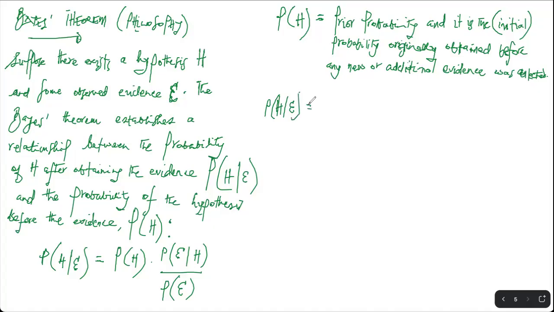The probability of H given E is the posterior probability.